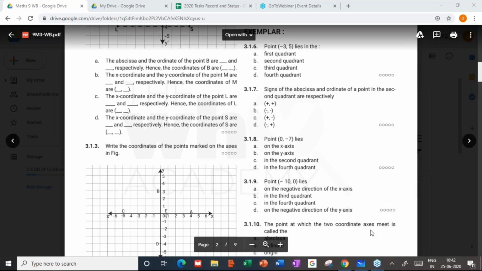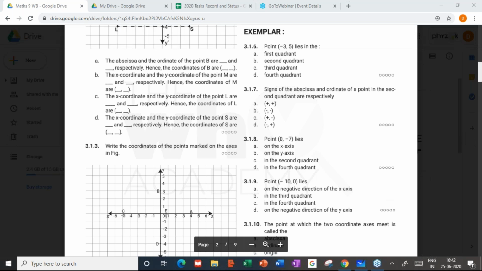Mansi, see the question 0, comma minus 7. Anirban, the point is 0, comma minus 7, which means the x coordinate is 0. On the origin the coordinates are 0, comma 0.